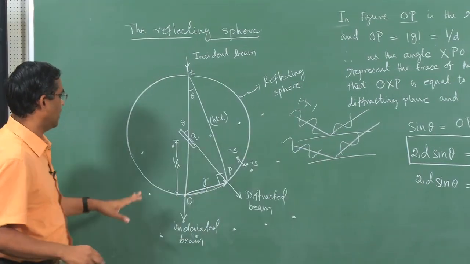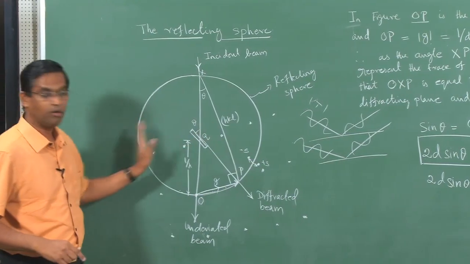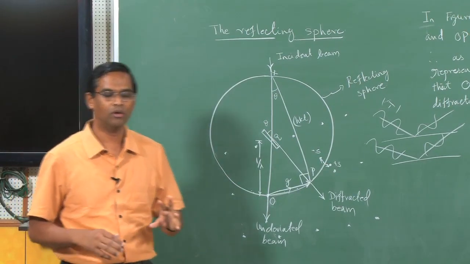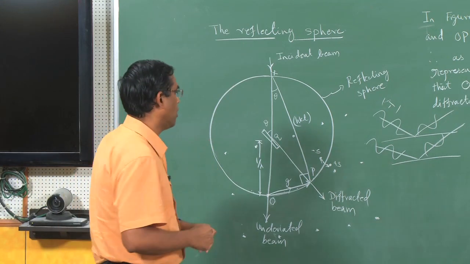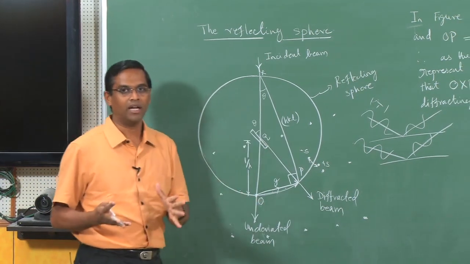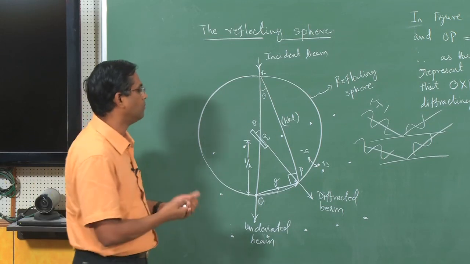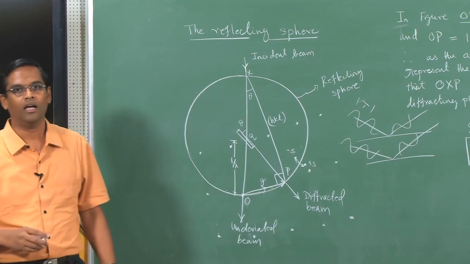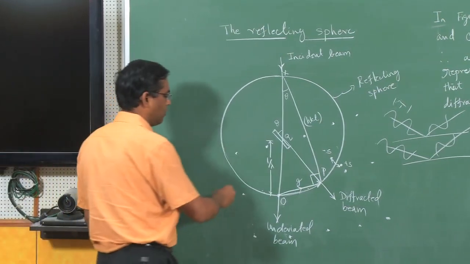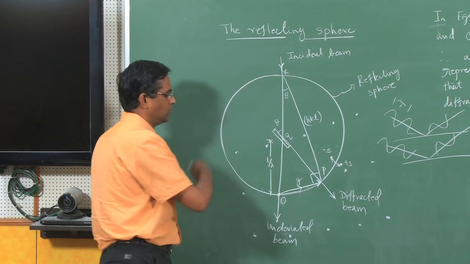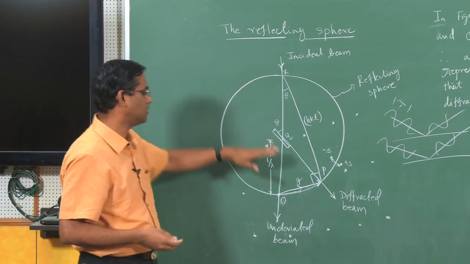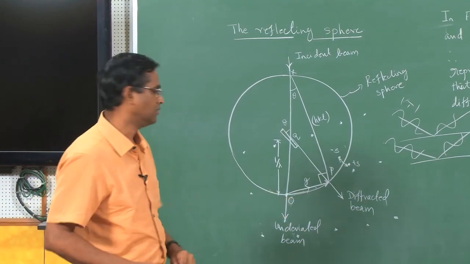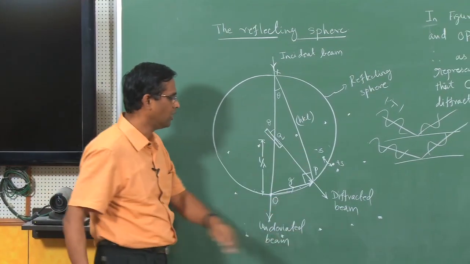So, both are imaginary concepts, but it helps to realize what we mean by the exact Bragg condition, and how the diffraction really connects to the reciprocal lattice. So, the Ewald sphere concept is a link between the Bragg law and the reciprocal lattice. That way it is most useful.